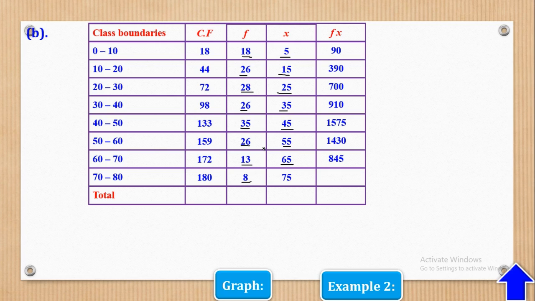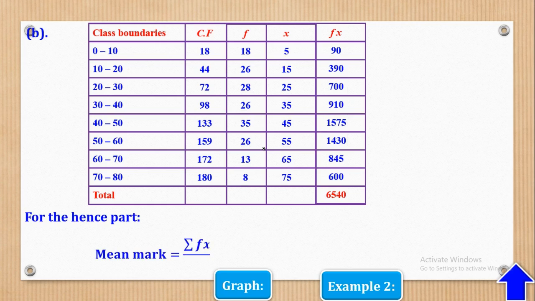And lastly, 8 by 75, I'll come up with 600. So next is to add up all these values, and when I add them up, I'll come up with 6540.